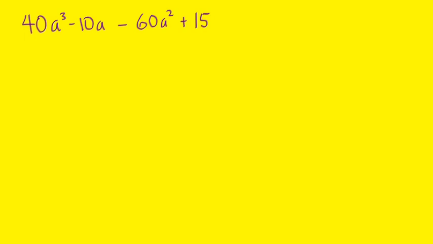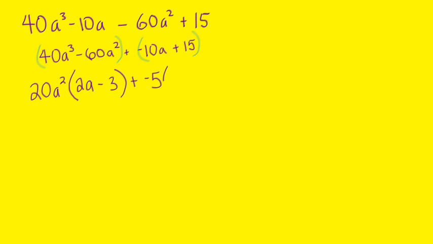All right. This is a 4-termer, right? So I'm personally going to reorganize it so that it's in standard form, and things are just a little easier to factor. On the first one, I'm going to take out 20a squared. And the second one, I'm going to take out a -5.